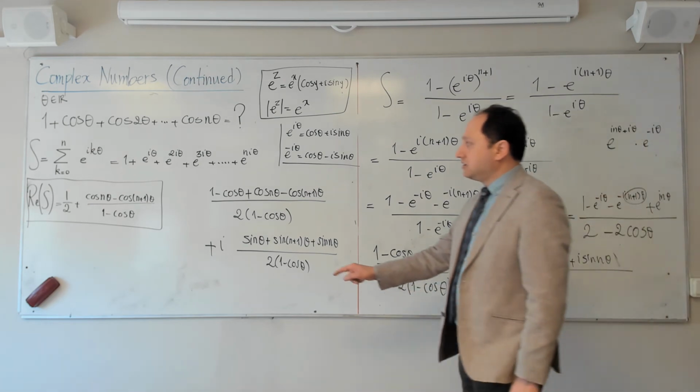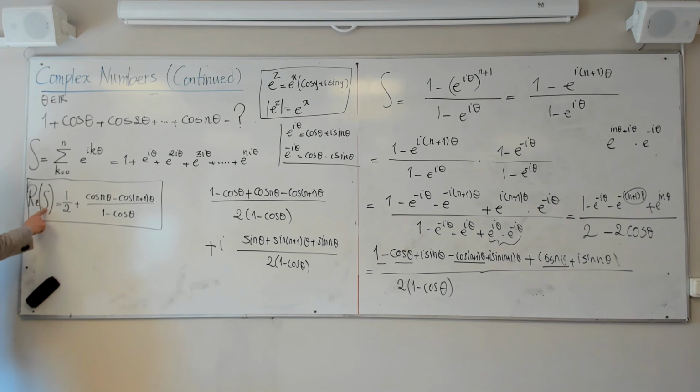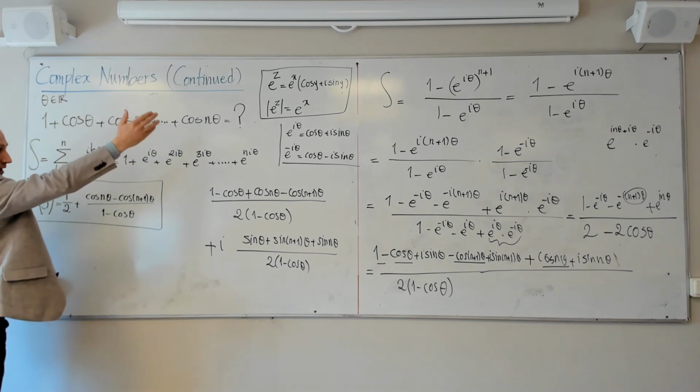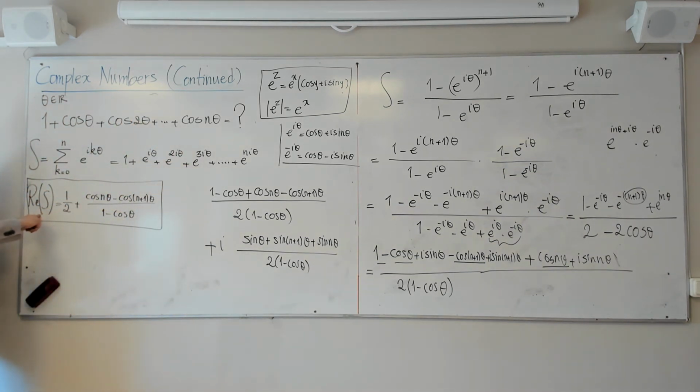Okay, if I ask you, how did I calculate the real part of S? You tell me that I used the geometric sum, found S, and then I did some standard tedious calculations, and I got this real part of S. This is one way of calculating the real part of S. Is there any other way to calculate the real part of S?